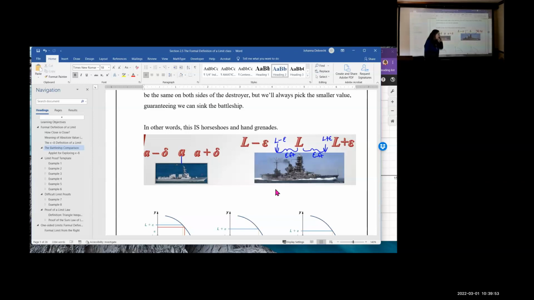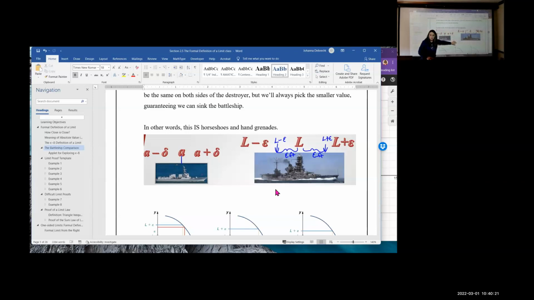Think about not being able to adjust the height of the missile. Let's suppose that the missile height is fixed. If the destroyer is too close to the battleship, the missile will go over the battleship and land in the water in front. It won't hit it. If the destroyer is too far away from the battleship, the missile will come up and will land in the water behind it.